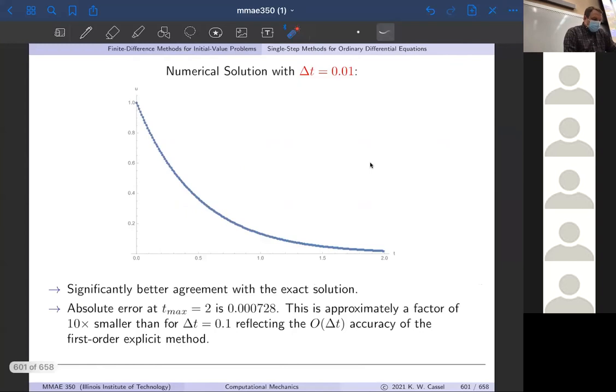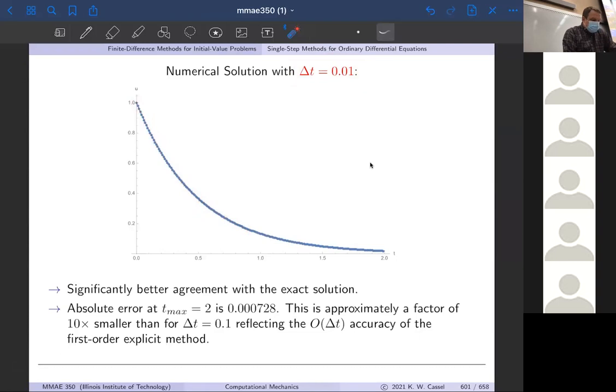So if I reduce the time step by a factor of 10, so now I'm taking smaller steps, they should be more accurate, but I'm taking 10 times as many time steps to get to my final time, in this case 2. So the dots are still the numerical solution, but now you see 10 times as many of those dots, and they are right on top of the exact solution.